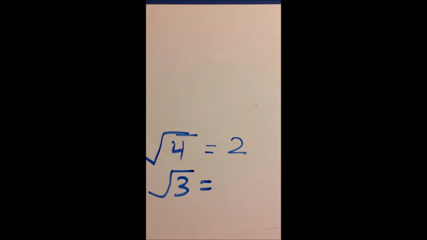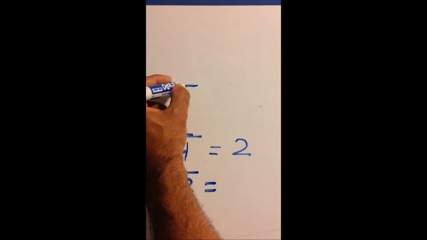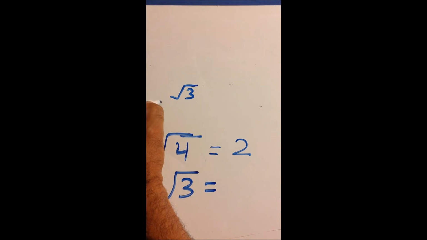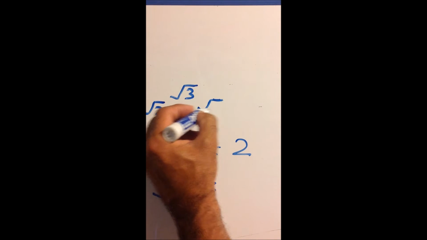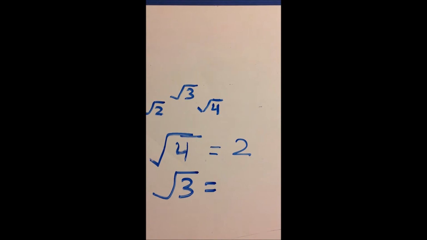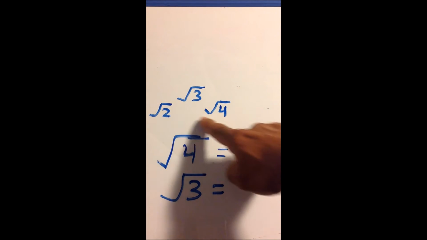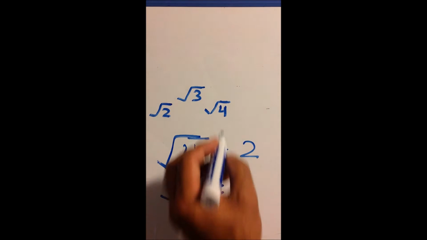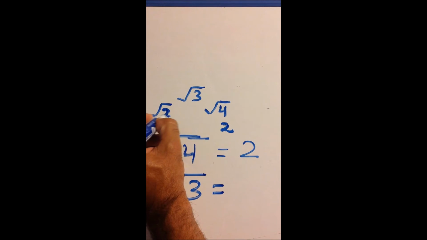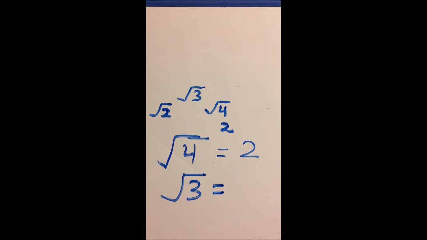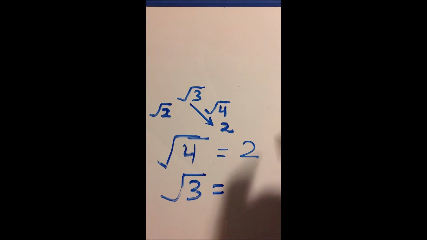What do you think? What's it closest to, the square root of 2 or the square root of 4? The square root of 4 is 2, and the square root of 2, we said, is an irrational number. So the closest integer is the square root of 4, which would be 2.